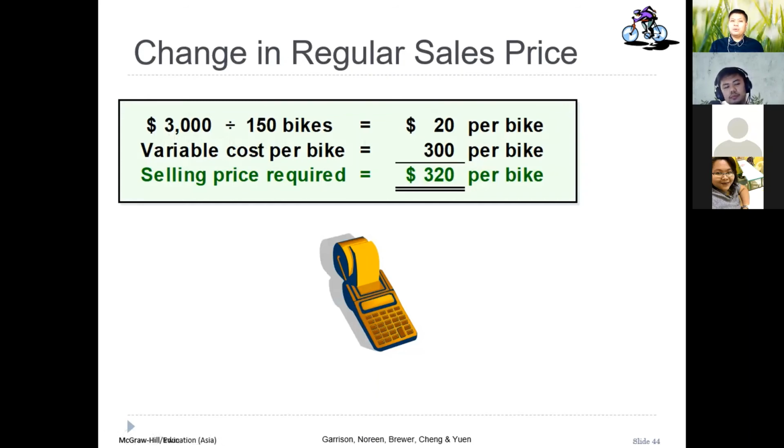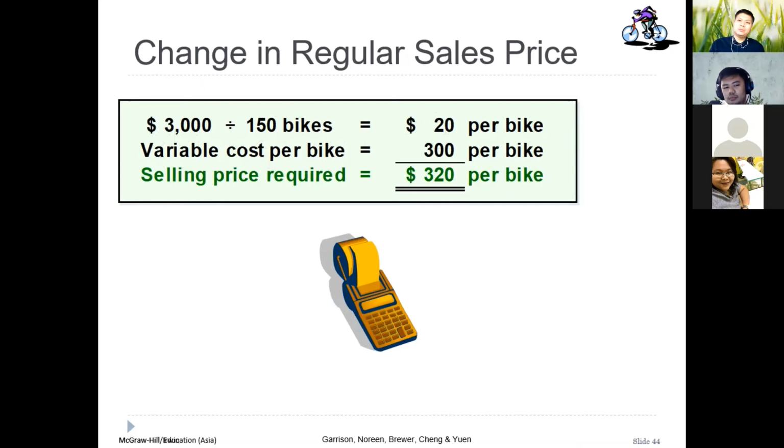But you would have to cover for the variable cost, which is 300. So you will sell at 320 or 20 plus 300. Is that clear? The regular selling price is 500, but there is this offer. I'll buy at wholesale 150 bikes.